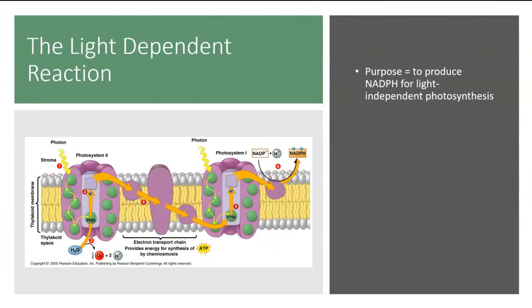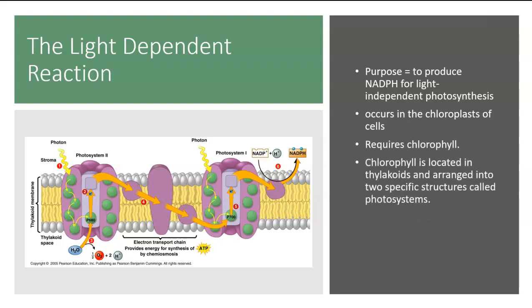In this light-dependent reaction, the purpose is to produce NADPH for the light-independent stage of photosynthesis. This occurs in the chloroplasts of the cells. It requires chlorophyll to occur. Chlorophyll is located in the thylakoids and arranged into two specific structures, which are called photosystems.